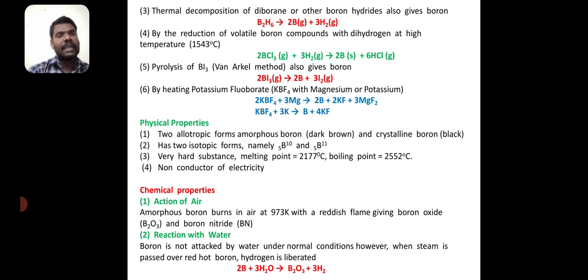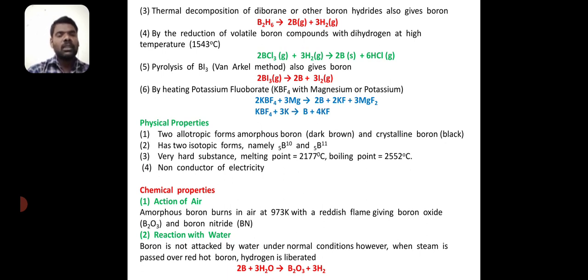Another is pyrolysis of boron halides, for example BI3, which gives boron and halides. By heating potassium fluoroborate, KBF4, with magnesium, it gives boron. So these are all the preparations of boron.